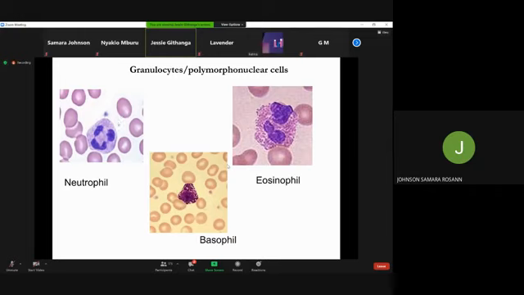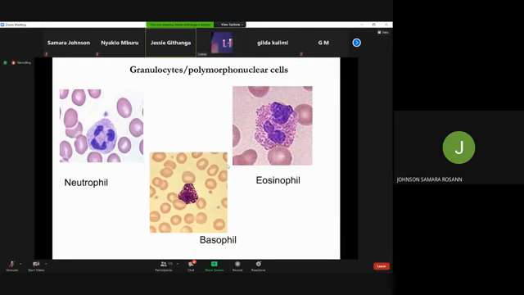We said it is segmented into 5 lobes. This one has 3. You can see the cytoplasm looks pinkish. This is because there are very fine azurophilic or fine purplish granules all through the cytoplasm, distributed evenly through the cytoplasm of this cell. So that is how we describe a neutrophil.